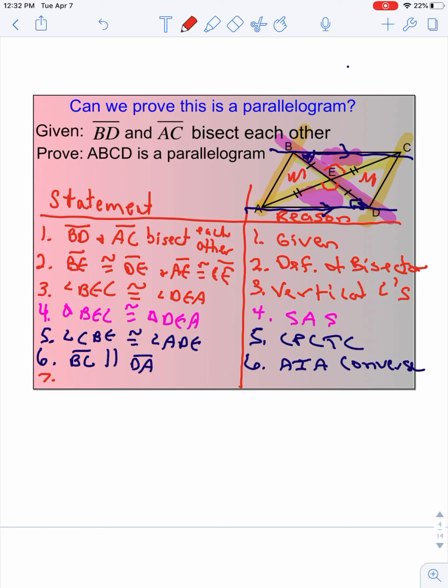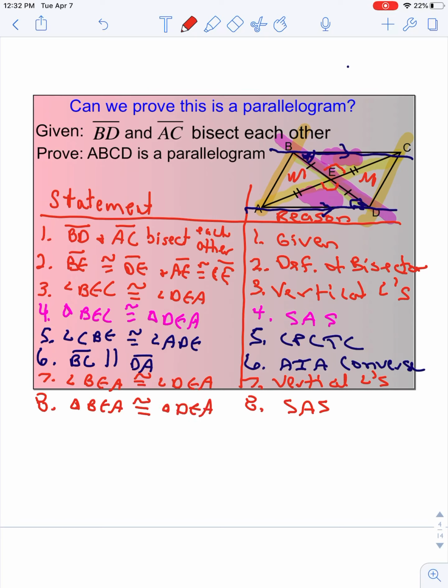So now if I say that angle BEA is congruent to angle DEA because of vertical angles, now I can also show that those triangles are congruent because of side angle side. So now I can say that triangle BEA is congruent to triangle DEA.